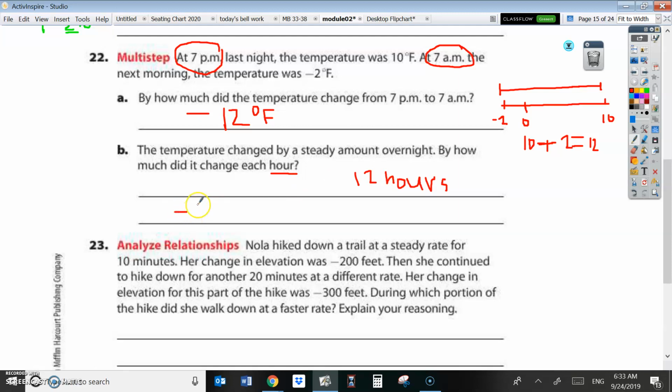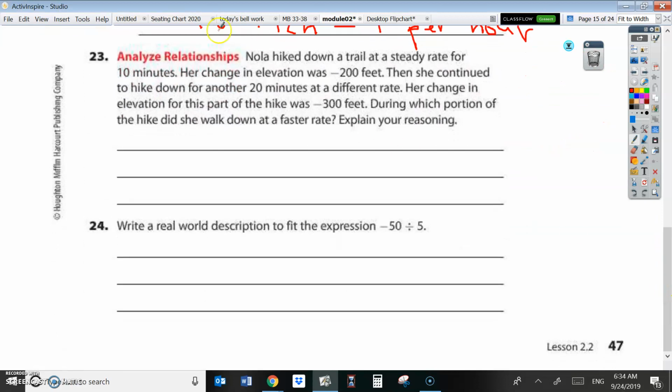So minus 12 degrees divided by 12 hours equals 1 degree per hour. But then don't forget that that's negative because it dropped. Down is negative.